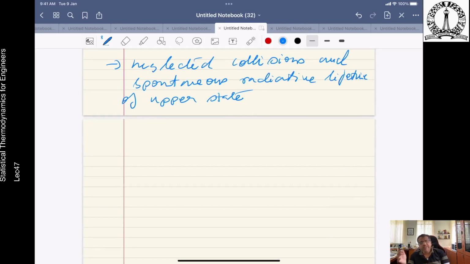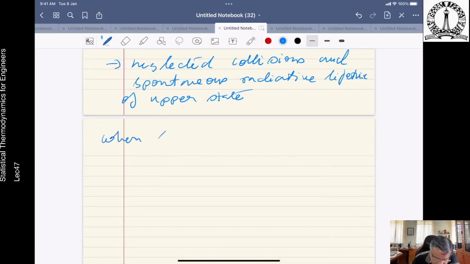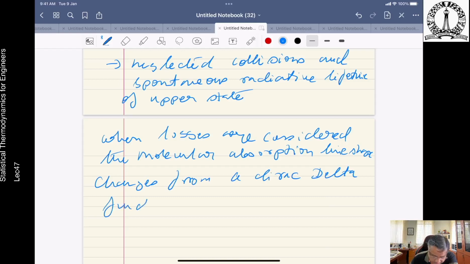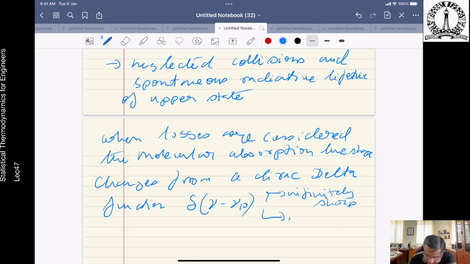Okay, so when these losses are considered, the molecular absorption line shape changes from the Dirac delta function, delta naught, which is basically infinitely sharp and infinitely narrow.